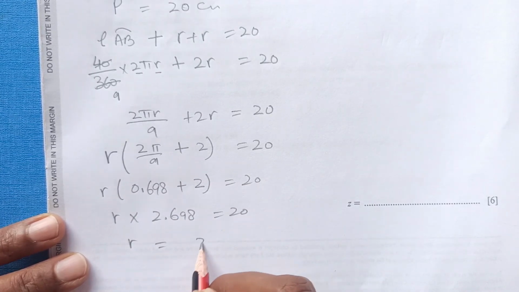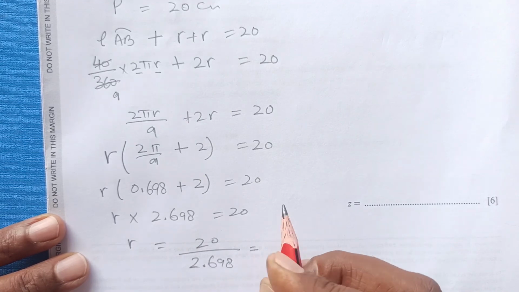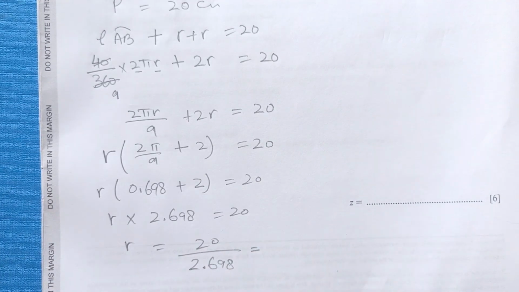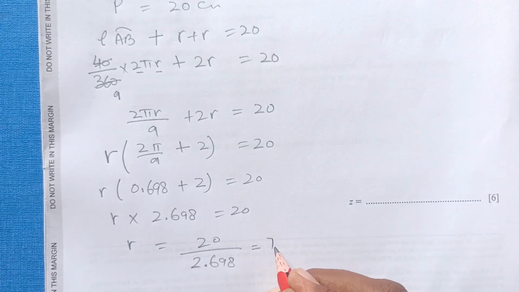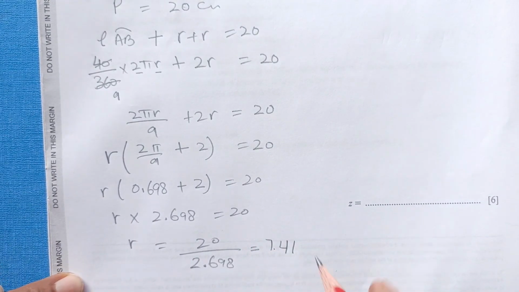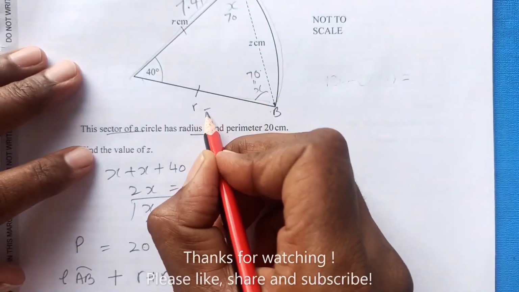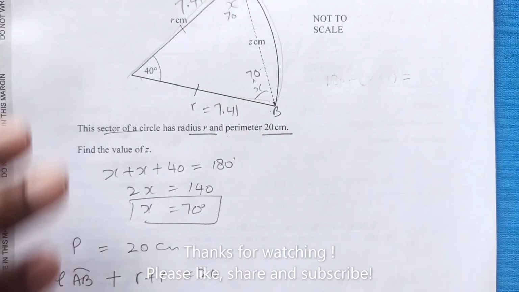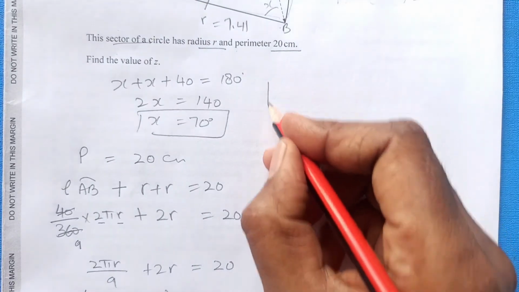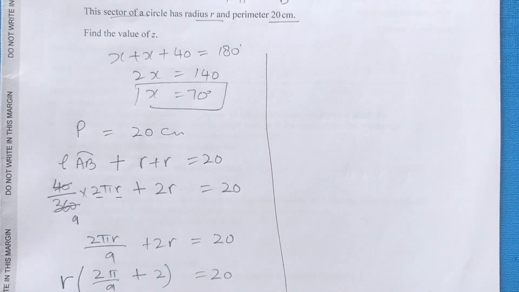So r is going to be 20 over 2.698. I have already calculated this; it comes out to be 7.41. So r is 7.41, and this is also 7.41, right? Now that we have r, we can find the value of z.